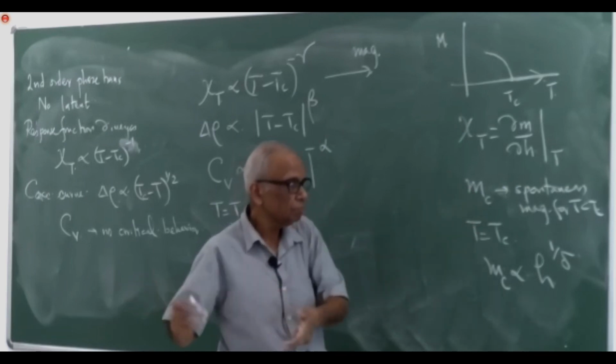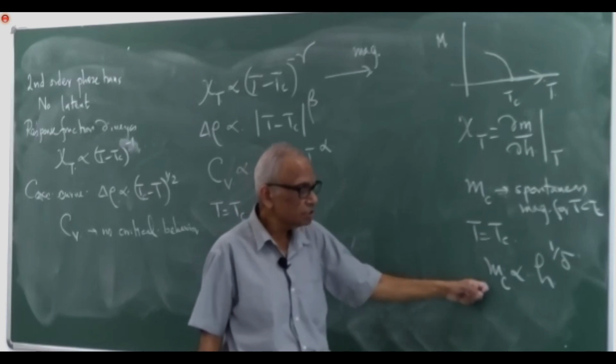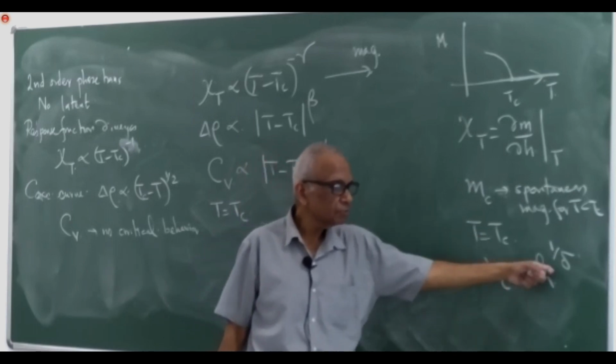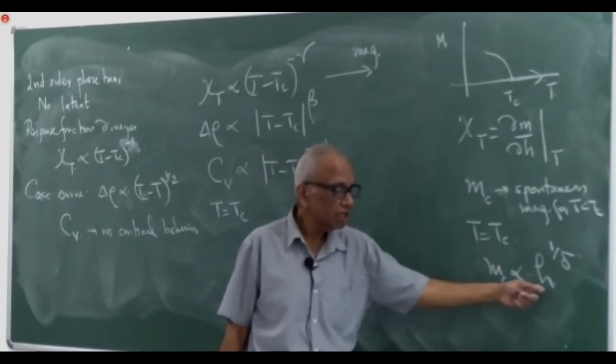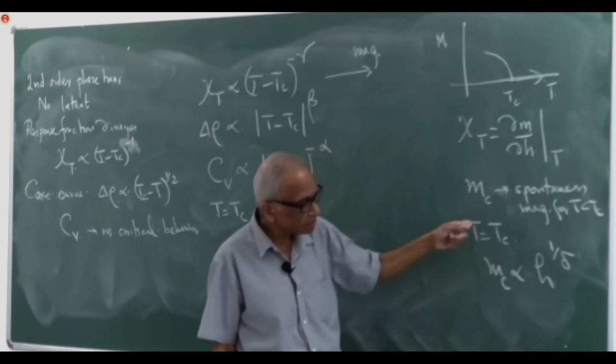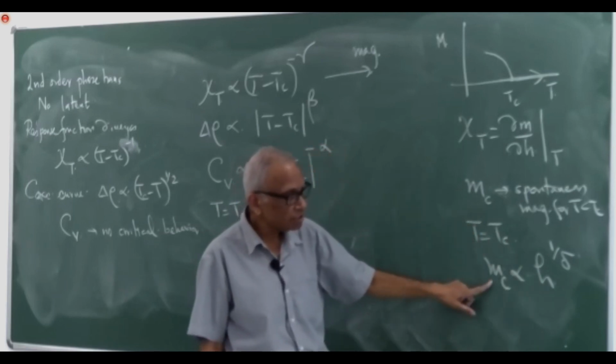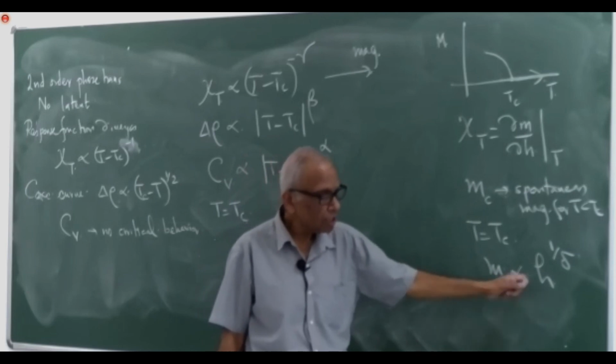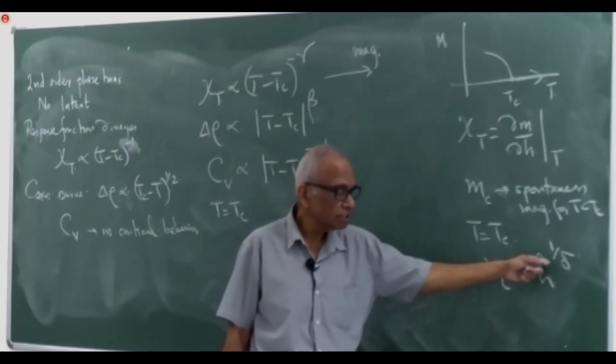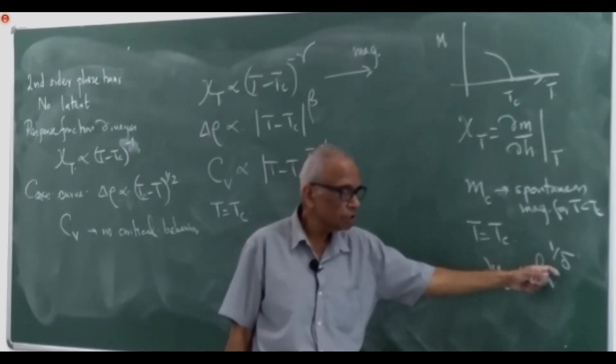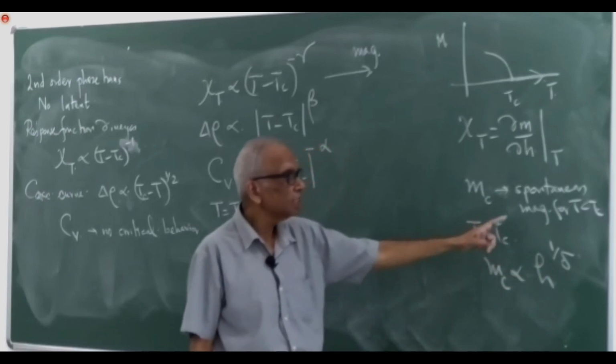It grows only below Tc. If I put on a field H and sit at Tc, the magnetization is going to grow as the field grows, with an exponent which is 1 over delta.